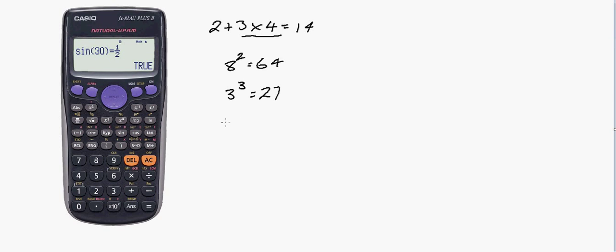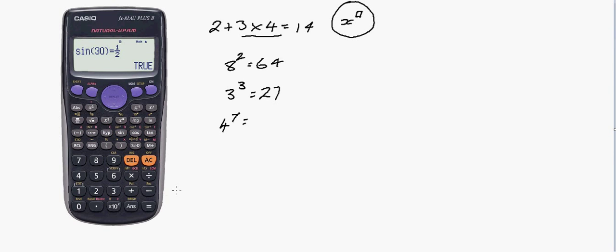Now, for example, if you've got 4 to the power of 7, we don't have an x to the power of 7 button, because otherwise this calculator would be scattered with buttons with various powers. But you'll see a button here with x, and it will have a little white square like that.